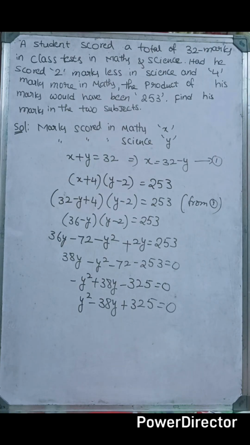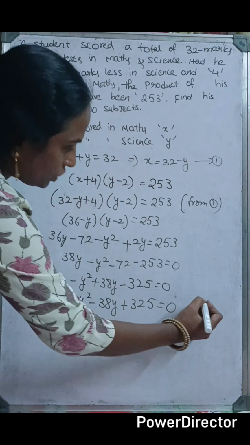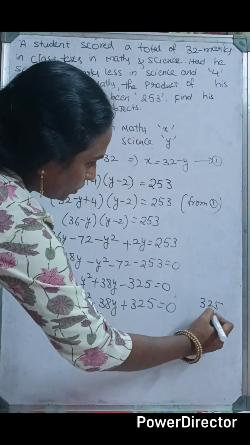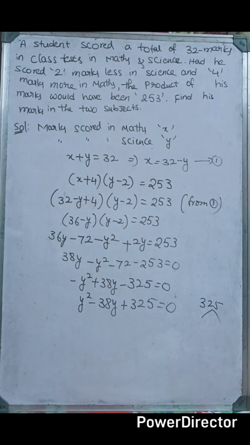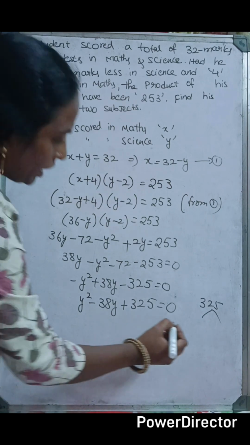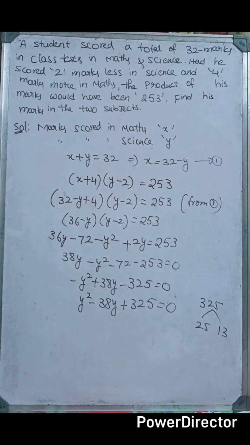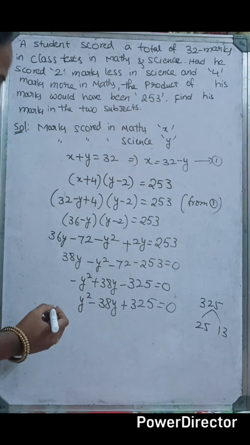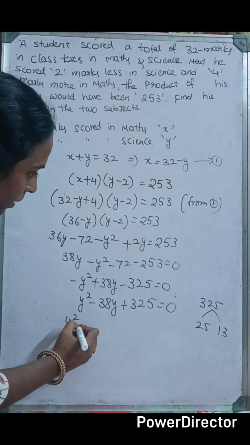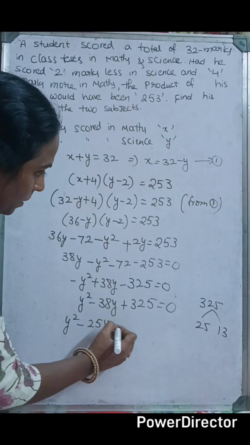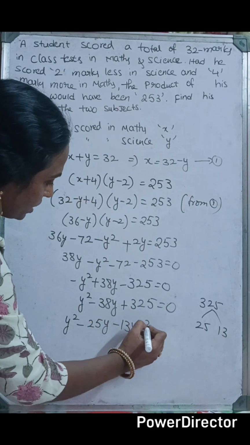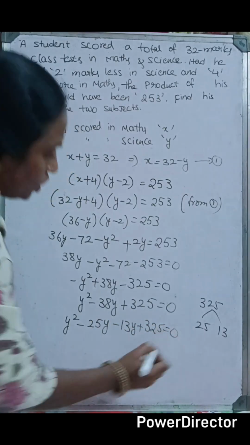Now we need to split the middle term. How can we split the middle term? We can write 325 as 25 into 13. So minus 25 minus 13 is nothing but minus 38y. So y square minus 25y minus 13y plus 325 is equal to 0.